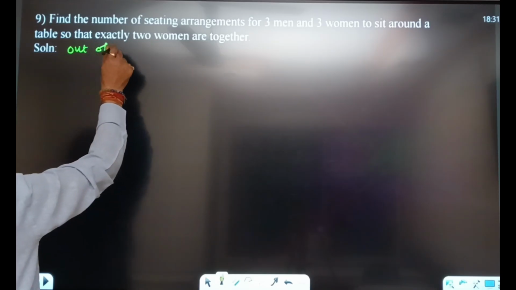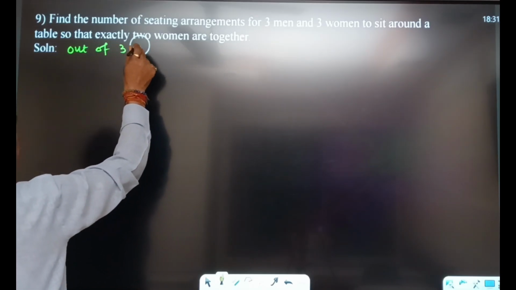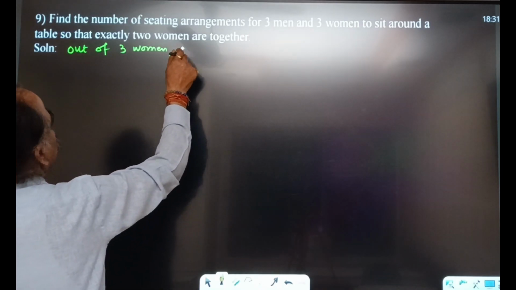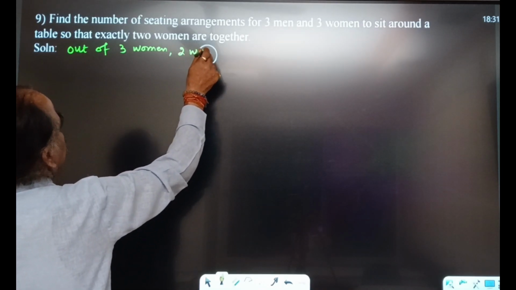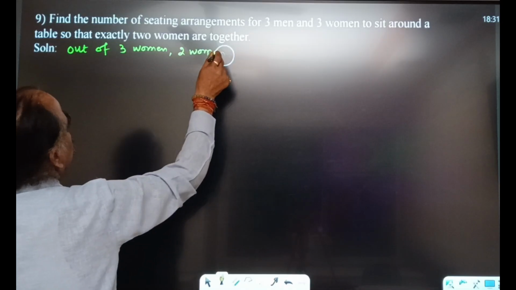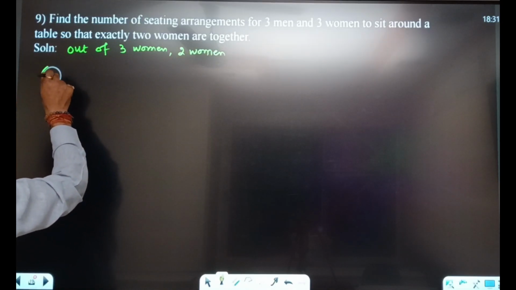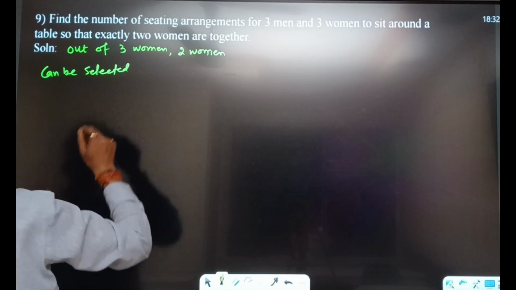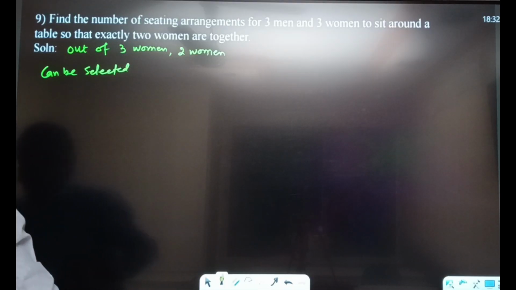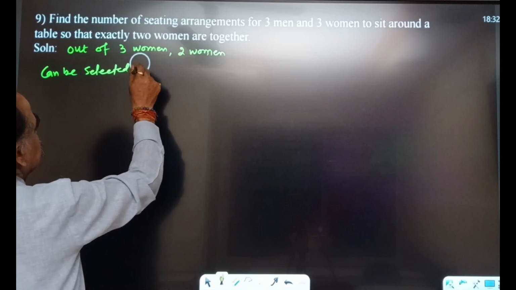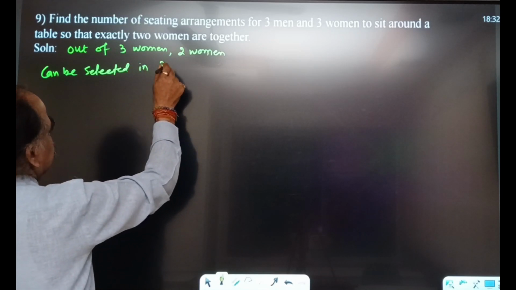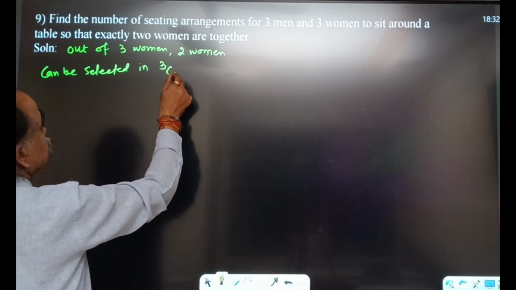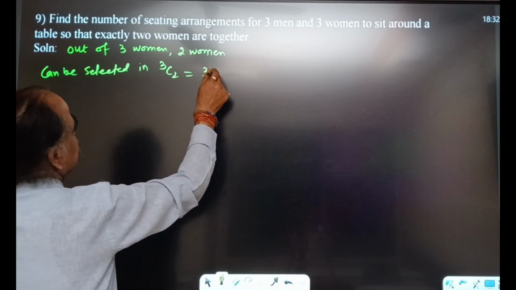Out of 3 women, 2 women can be selected in, this is selection, so 3C2, which is 3 ways.